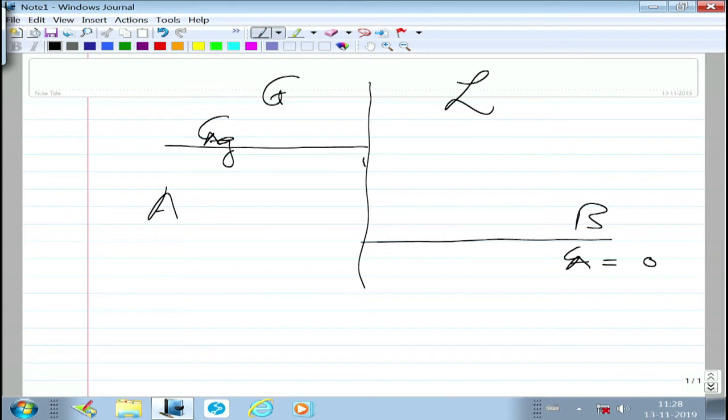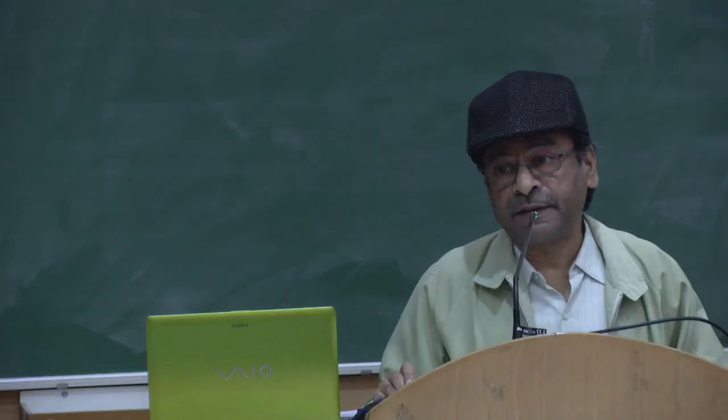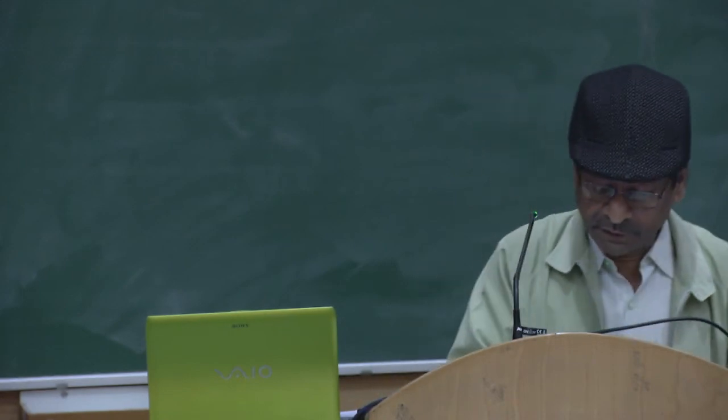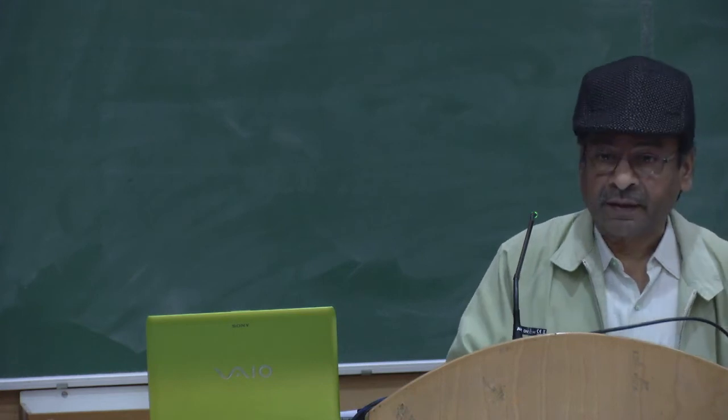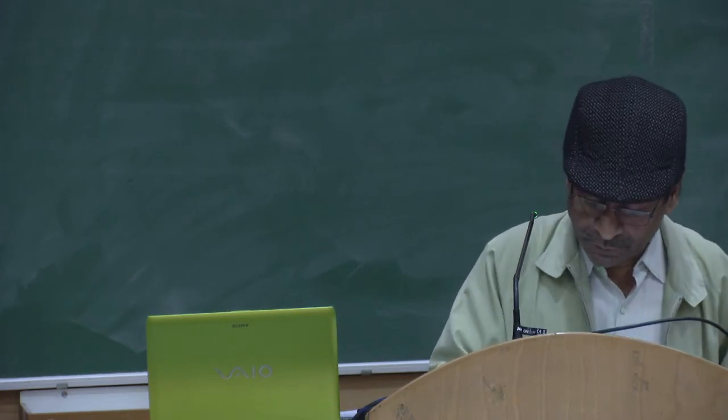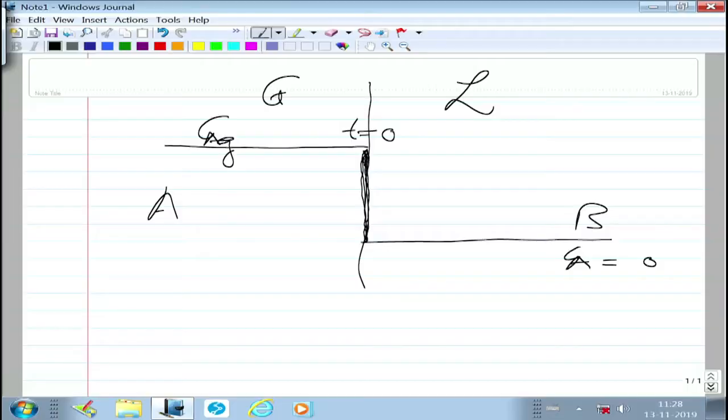The gradient is infinite. This darkened line is the step, finite step, representing infinite gradient, infinite flux. This is going to be the picture at t equal to 0. At t equal to 0 plus, I will have the gradient still very sharp, but not infinite, finite.